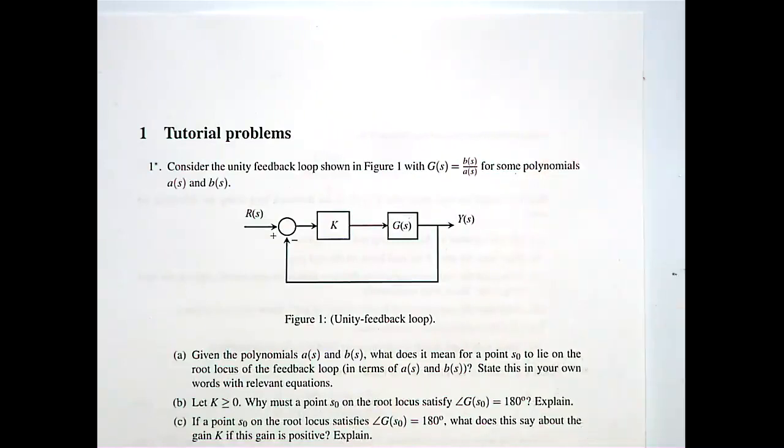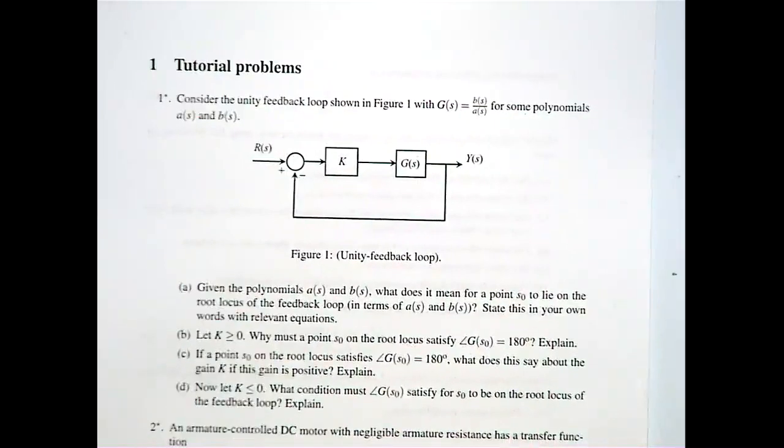So can someone tell me, if I pick a point s0 in the complex plane, is it on the root locus or not? What does it mean in terms of these A, B polynomials? How would you explain if a point is on the root locus or not? Anyone?